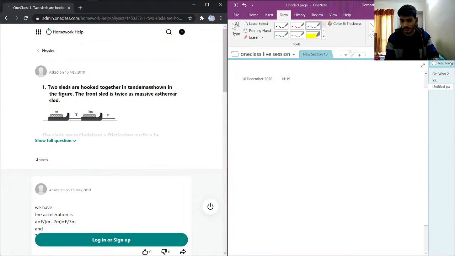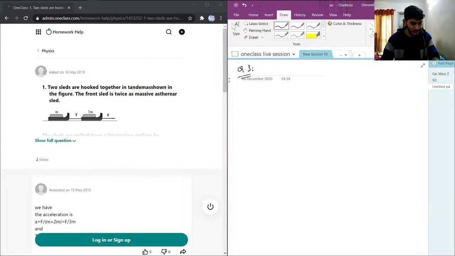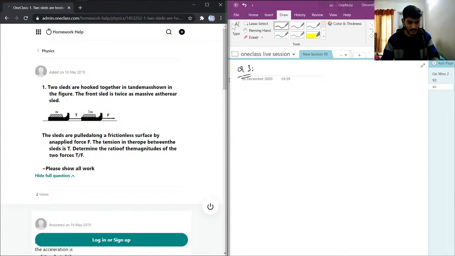So we'll go to question number 3. Two sleds are hooked together in the ton mass shown in the figure.